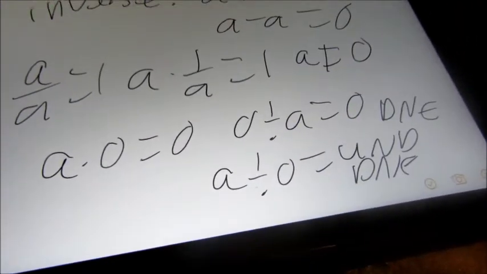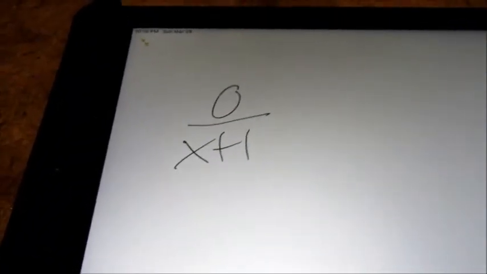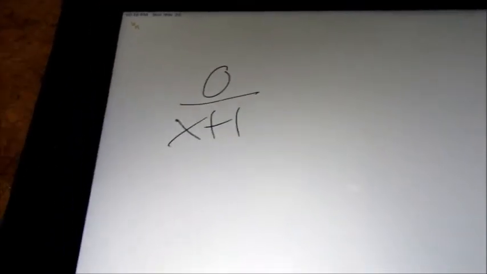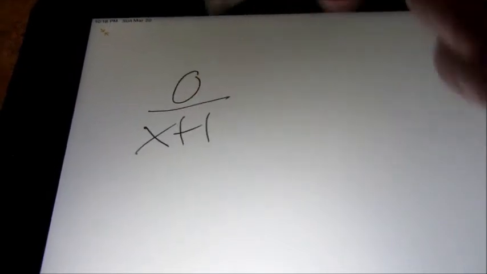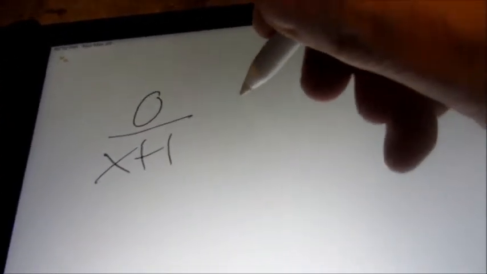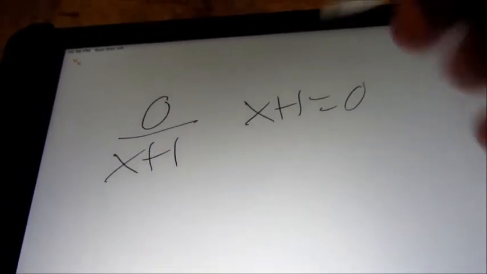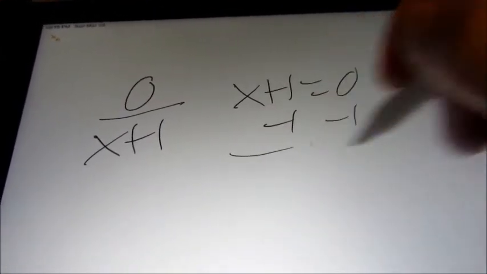Okay, so knowing those things, we can answer some questions where we have 0 over x plus 1. And here it's going to ask where is this undefined? And that is going to be where the bottom is 0. So what we do is x plus 1 equals 0. We solve for x by subtracting 1.